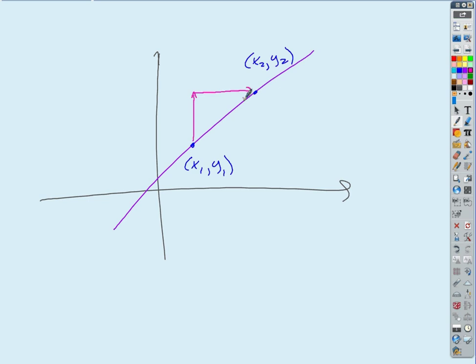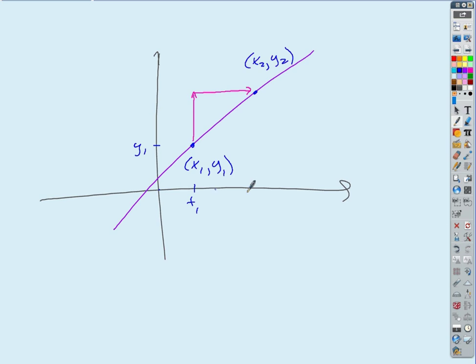How much did I rise? Whatever y1 is. It's y1 is this value right here, because that's what these coordinates mean: from the origin I've gone over x1 to the right, and I've gone up by y1. What about over here?